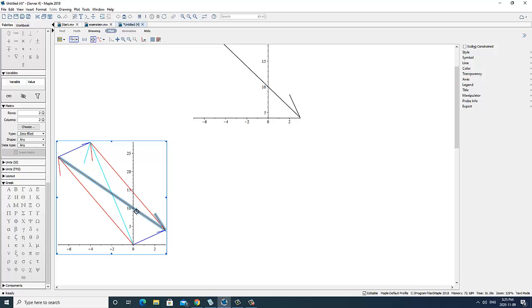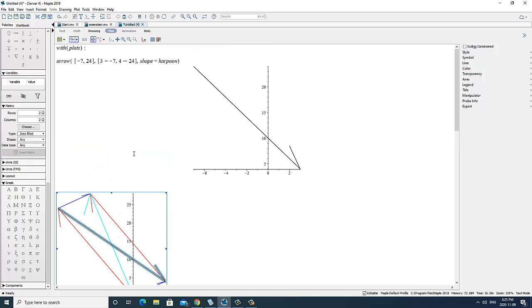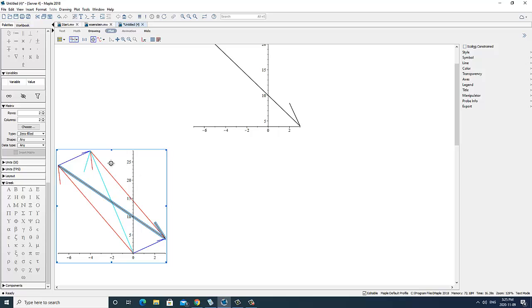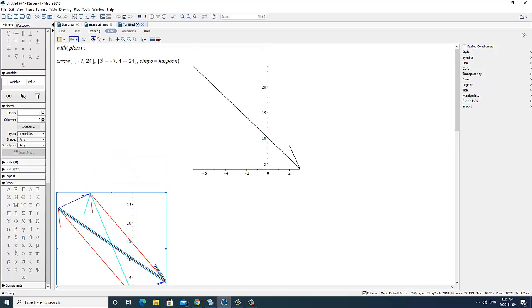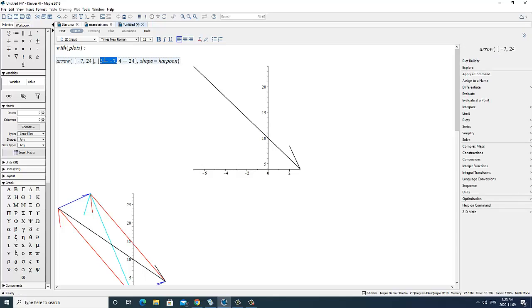So that's vector subtraction right there. Anyway, this particular vector, -7, 24, is double the angle of 3 and 4.